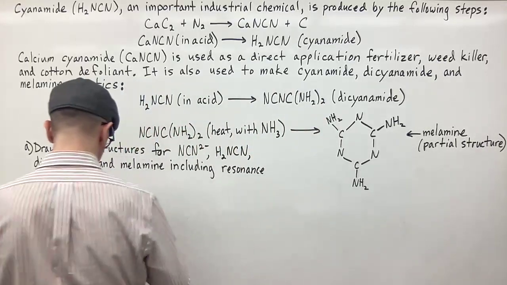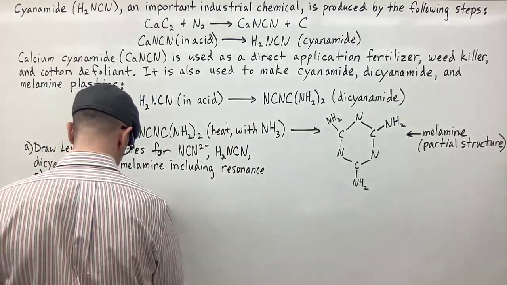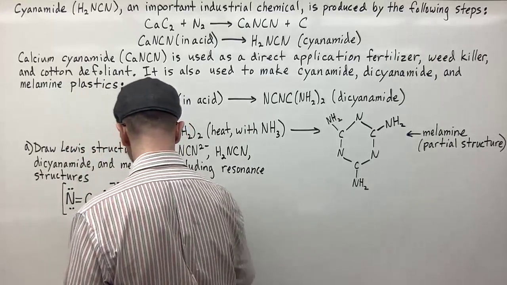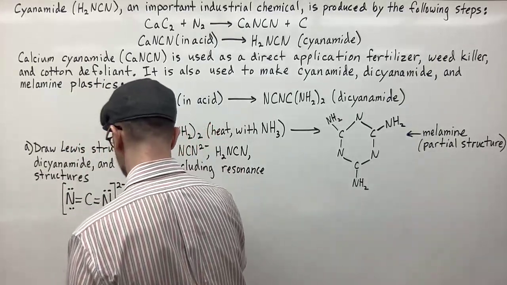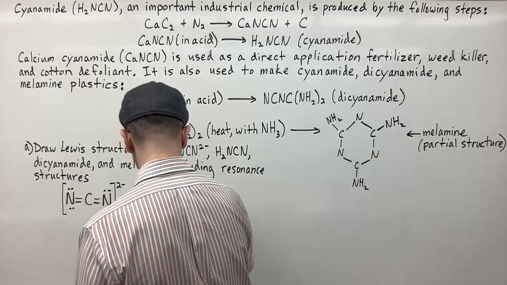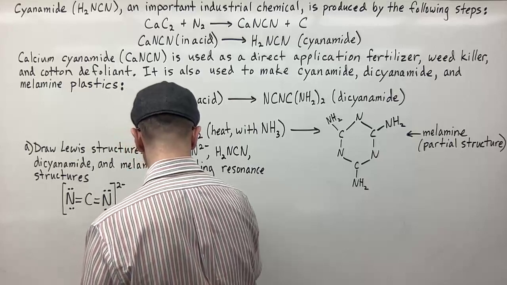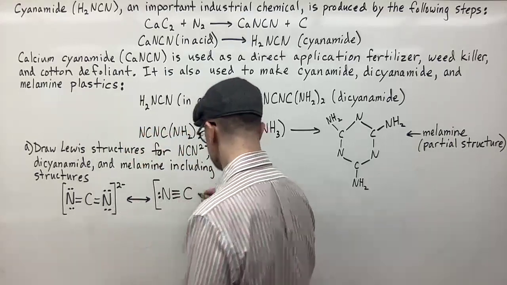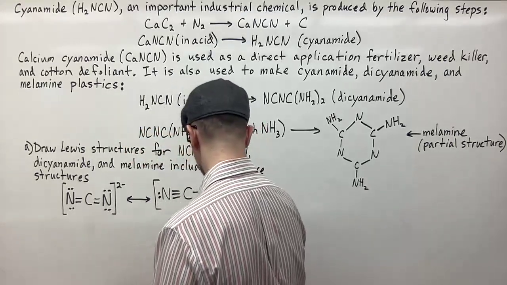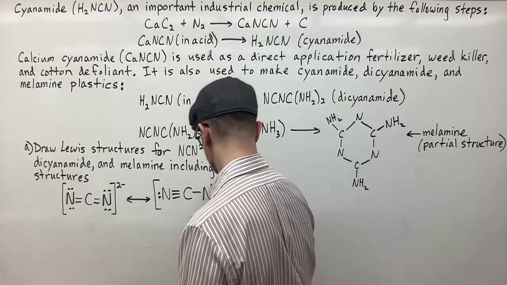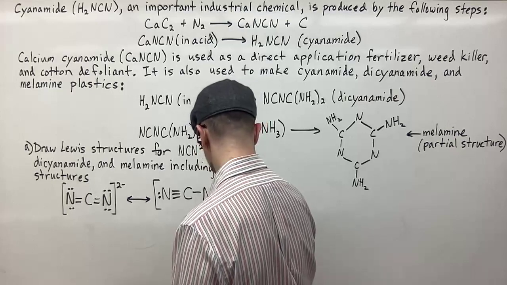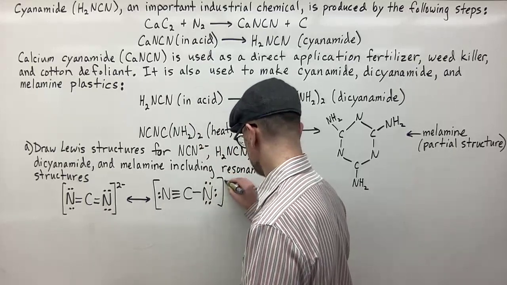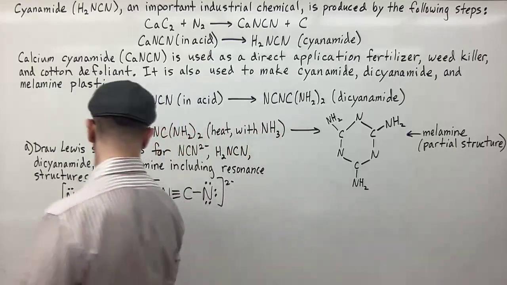So if I draw that out, that's going to end up being N triple bond C single bond N, and then I'll have 3 lone pairs with the 2 minus.